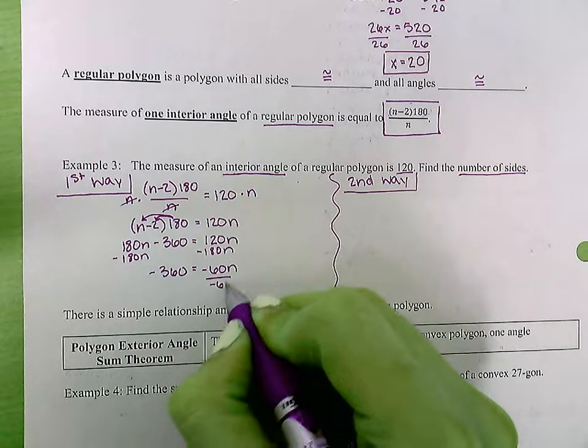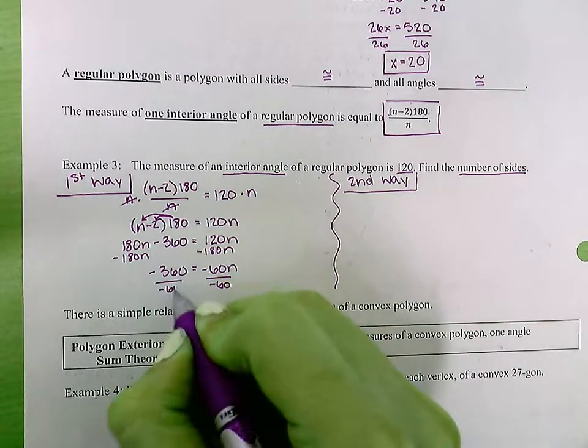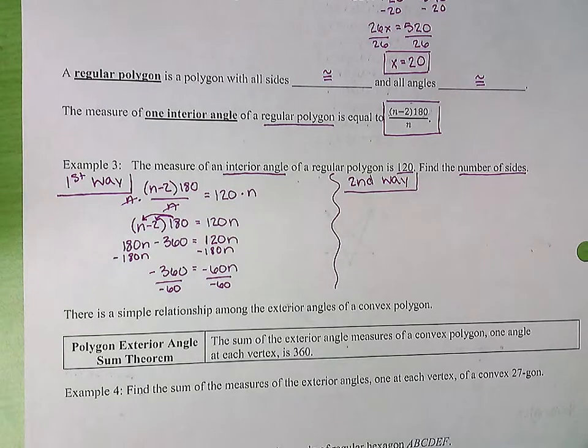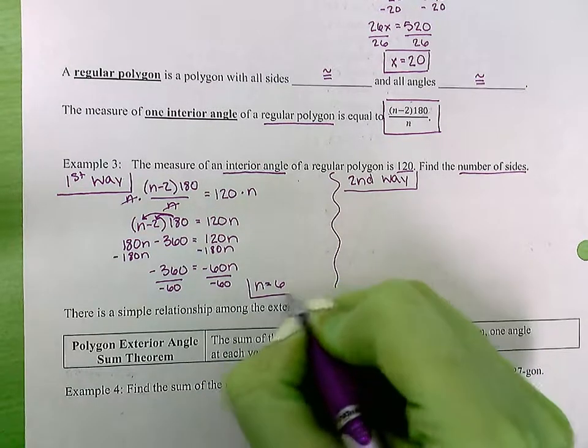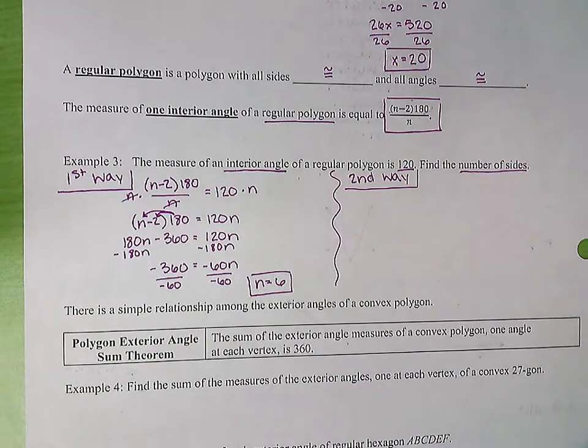So we're going to divide both sides by negative 60. And n will equal 6. Okay, so there's 6 sides if your one interior is 120 degrees. Okay, so that's the first way.